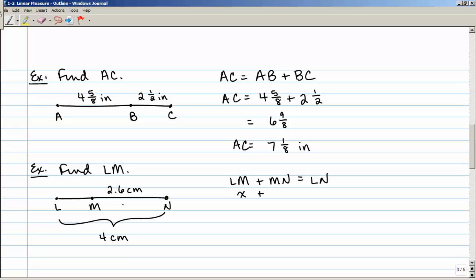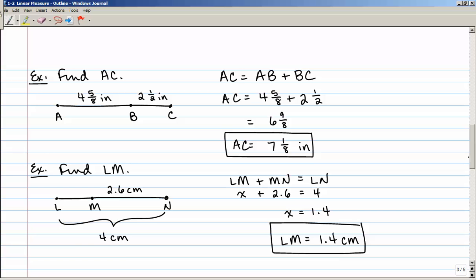Okay, plus MN, the length of MN is 2.6, and LN is 4 centimeters. And solving that for X, we get that X is equal to 1.4, or the length of segment LM is 1.4 centimeters. I'm going to go ahead and box my answers here.